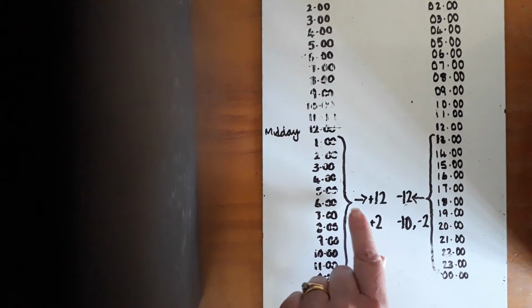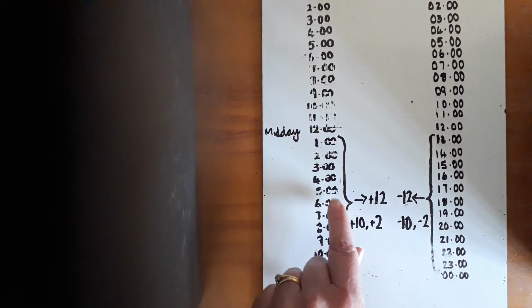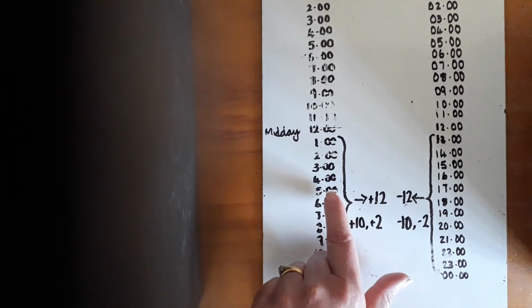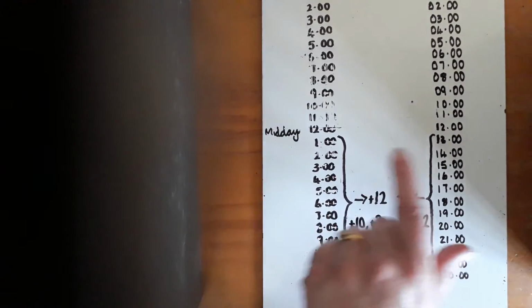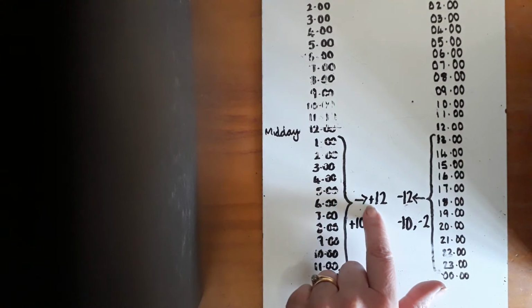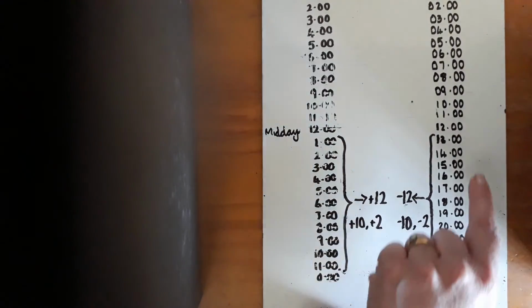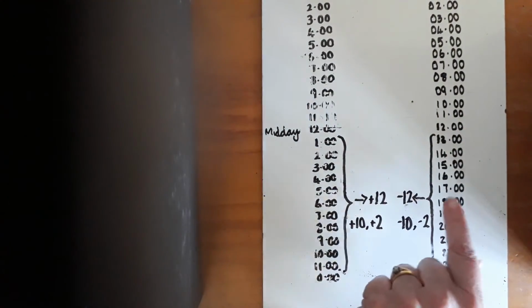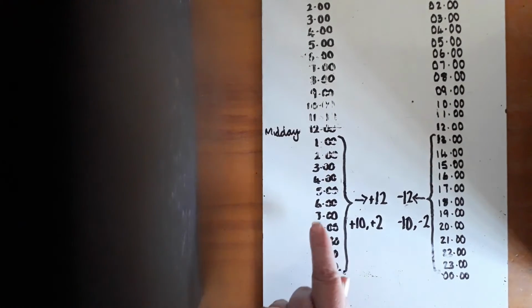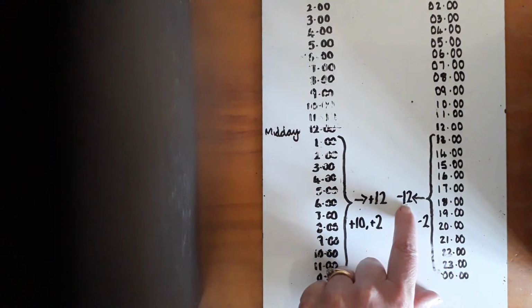you can show that to change between 12-hour time to 24-hour time, you add 12, and to change between 24-hour time to 12-hour time, you subtract 12.